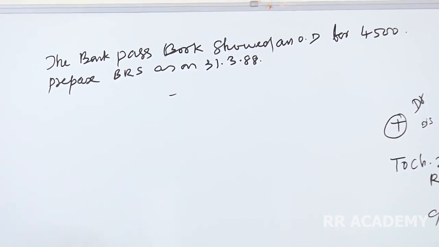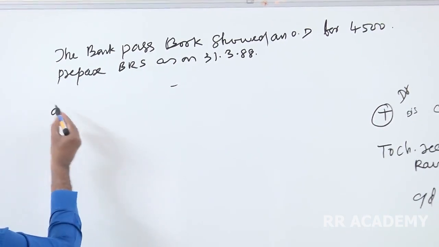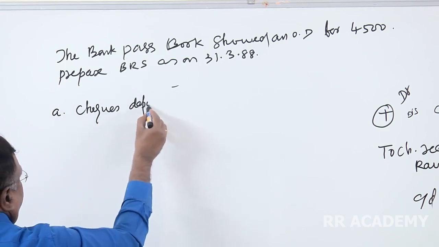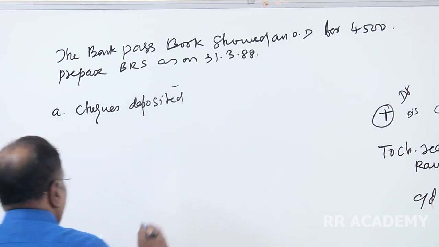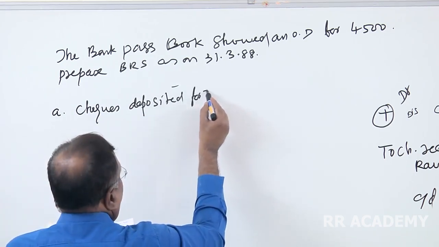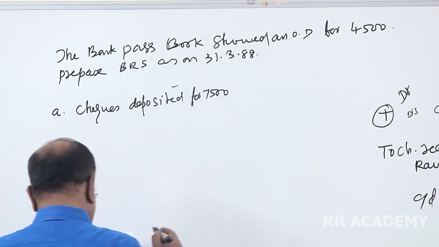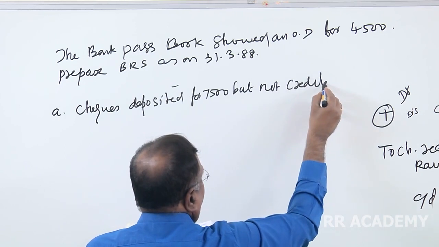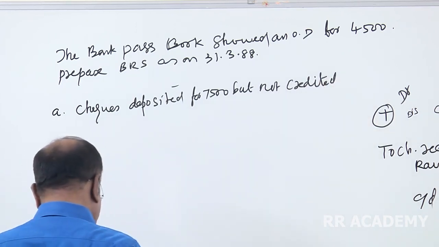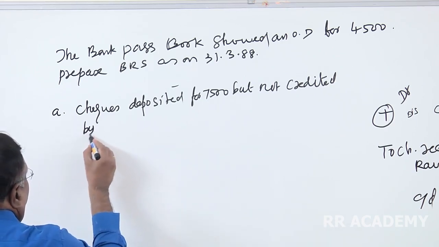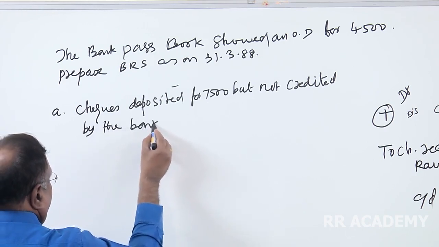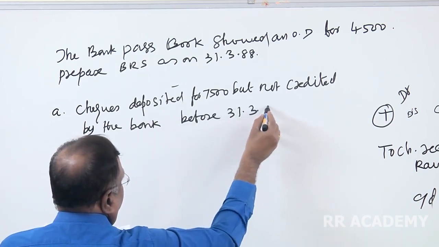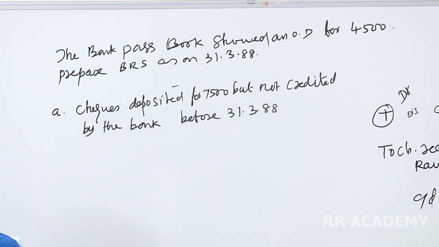A. Checks deposited for 7,500 but not credited by the bank before 31/3/88.